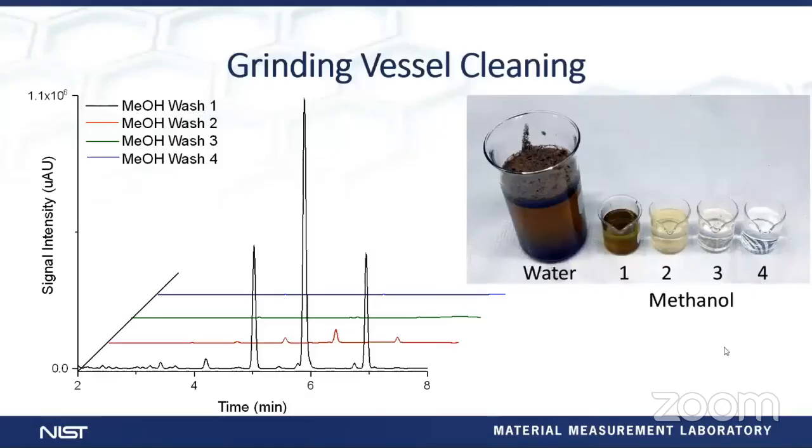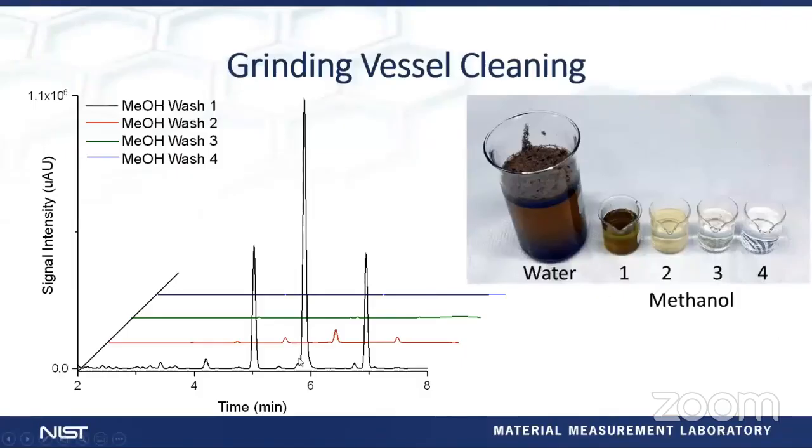So in this case here, you can see where the water is very dark looking. The first methanol is very dark looking as well. But as you go through and do more methanol washes, you really get a clear solution at the end, which is also evident in these 4 chromatograms, in this case the UV profile obtained for this particular sample.